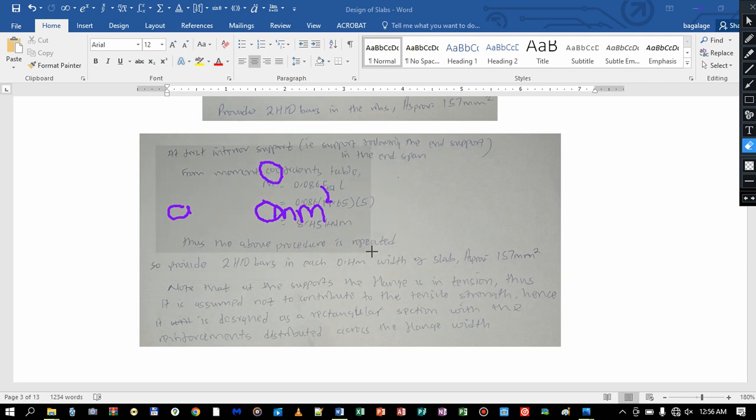Therefore the steel we get from this section can be effectively applied to the rest of the supports, whereby still from our coefficients table, the coefficient remains the same, 0.08, and we get the same moment.